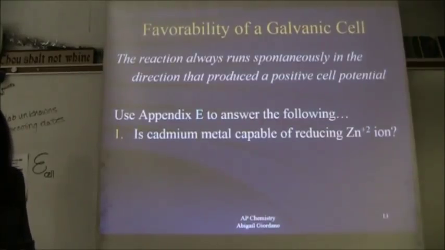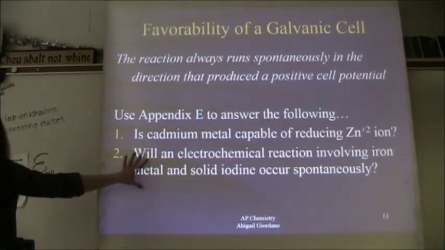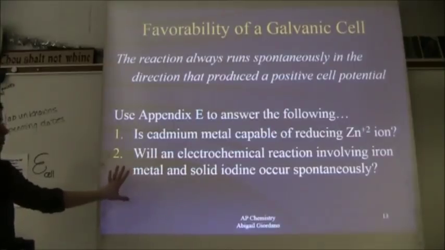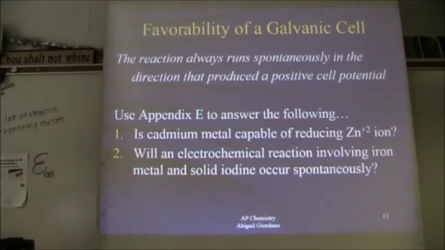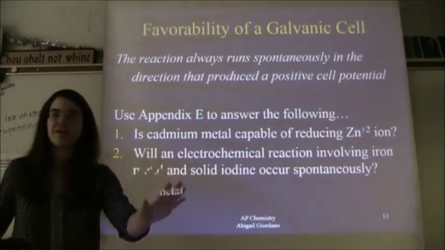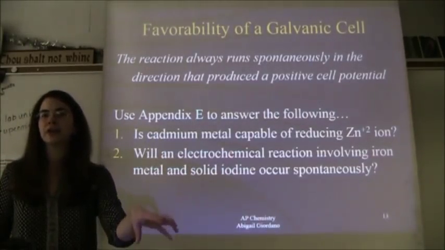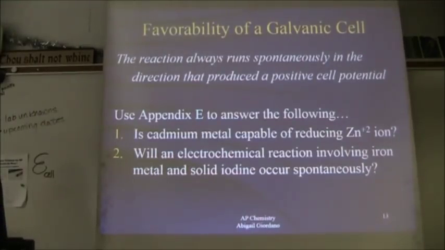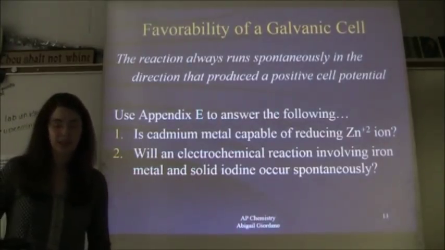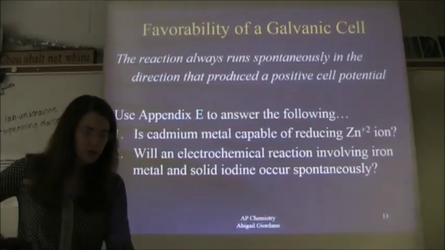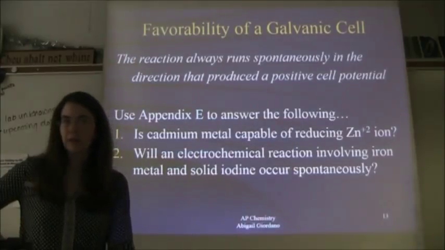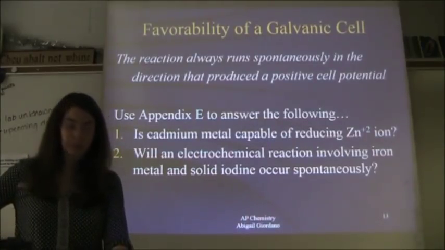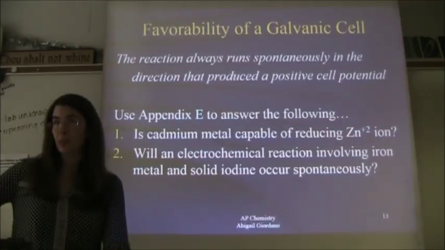Let's do another one. Just phrased differently, same situation though. Will an electrochemical reaction involving iron metal, stop there, find it, iron solid, is it on the correct side? Remember, it's got to be a reactant, is it? No, so you've got to flip it. It's going to change the potential to positive 0.44.